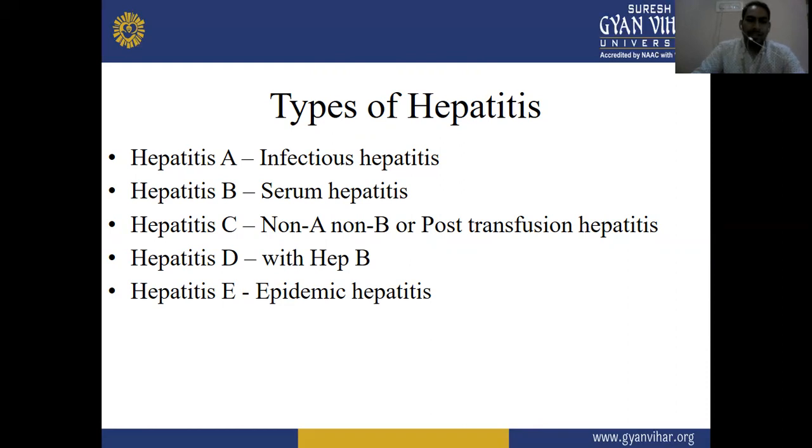Hepatitis B is serum hepatitis, and hepatitis C is non-A, non-B or post-transfusion hepatitis. Hepatitis D occurs with hepatitis B, and hepatitis E is epidemic hepatitis.